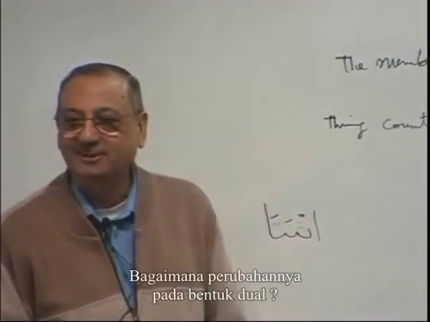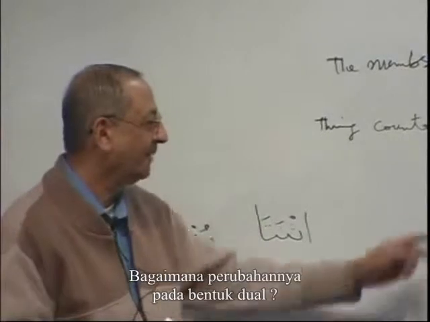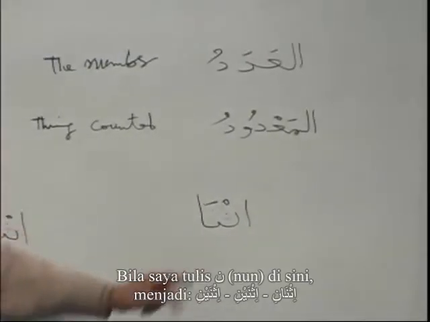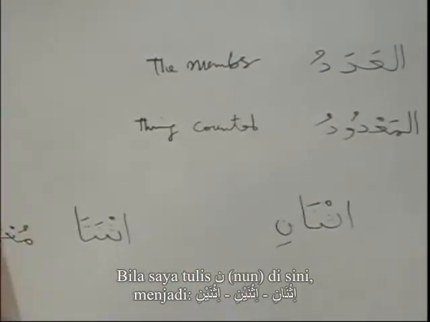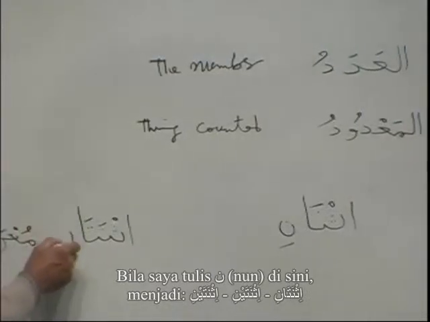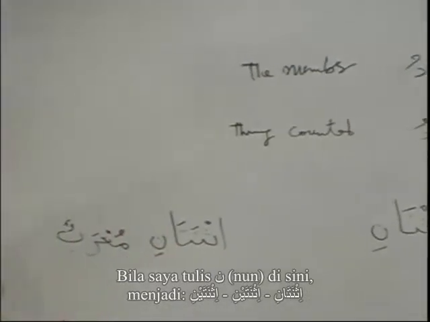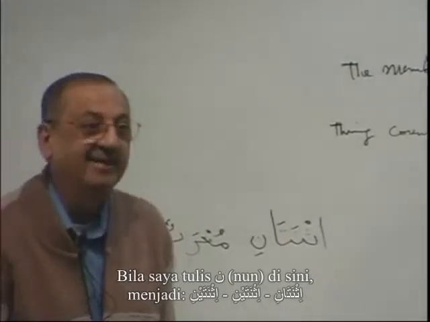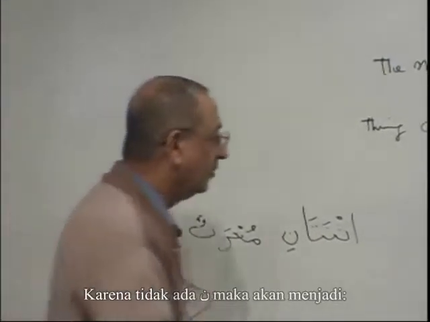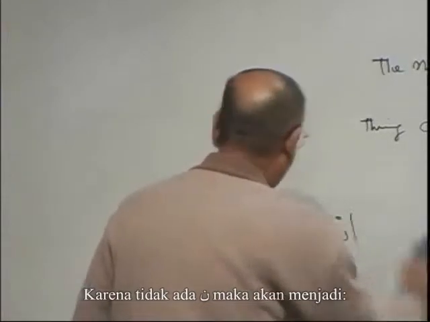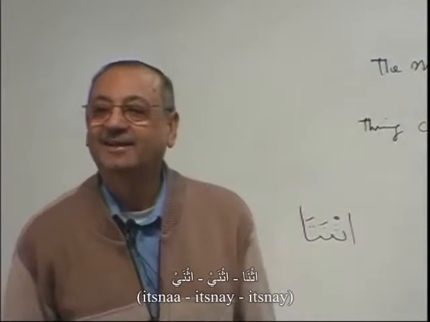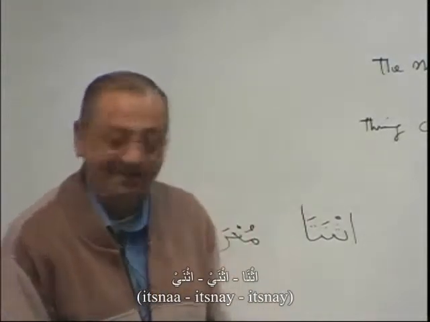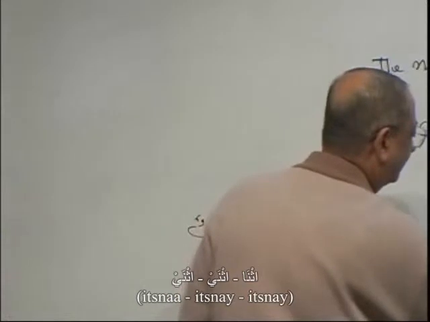Are you with me, brothers and sisters? How does the dual decline? If I put noon here, then you will say ithnani, ithnayni, ithnayni. If I put noon here, you will say ithnatani, ithnatayni, ithnatayni. But because there is no noon here, what will you say now? Ithnay. Ithna and ithnay. Okay, keep that in mind, brother.